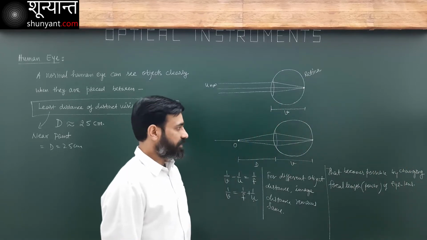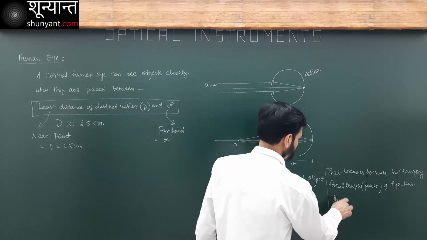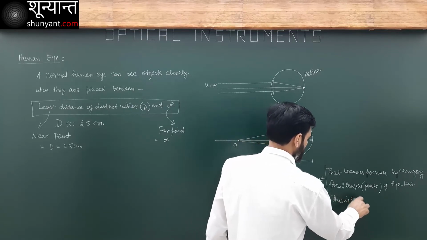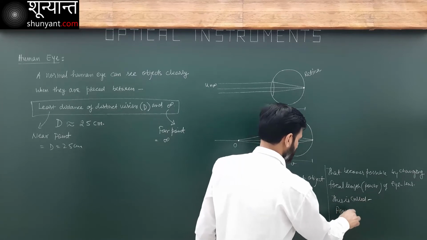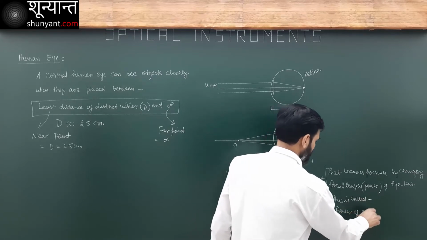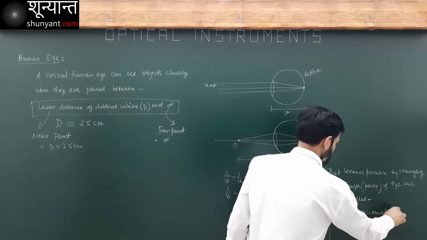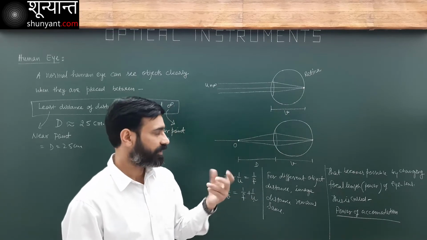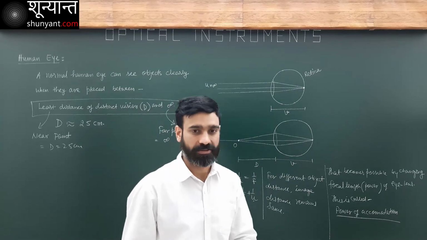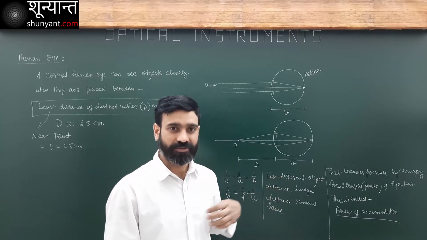And this property is called the power of accommodation. The power of the eye lens keeps on changing depending on the object distance. Power of accommodation.